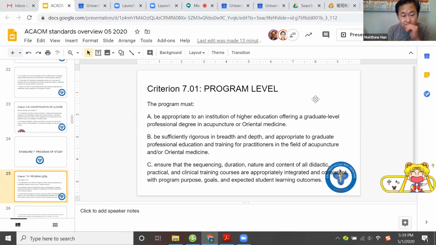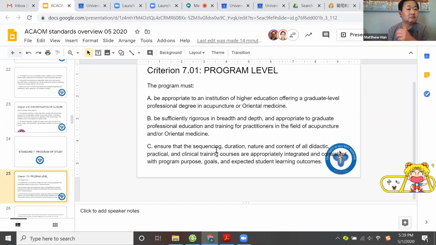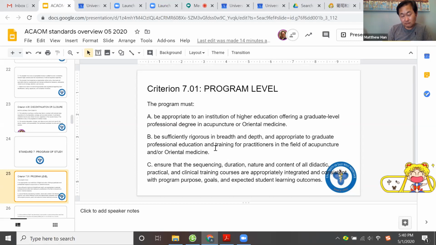Our program must be appropriate to an institution of higher education. So we have the program mission in our catalog. So basically, we need to review our catalog. We need to make sure we match our catalog, what we said about our program's mission.